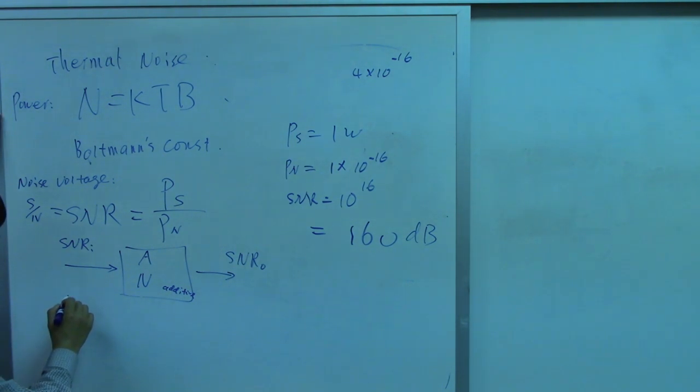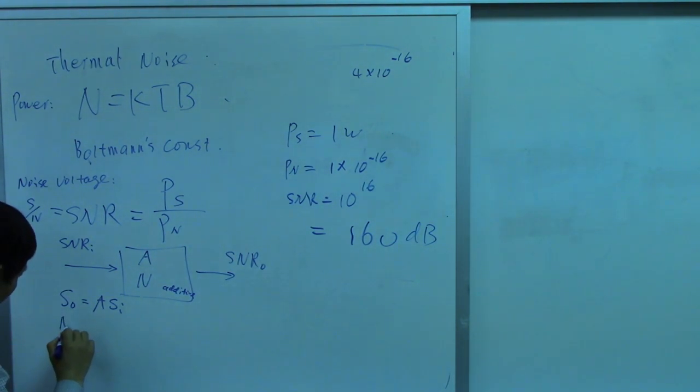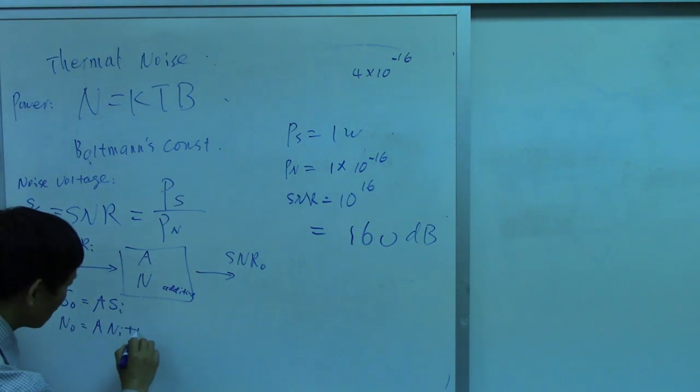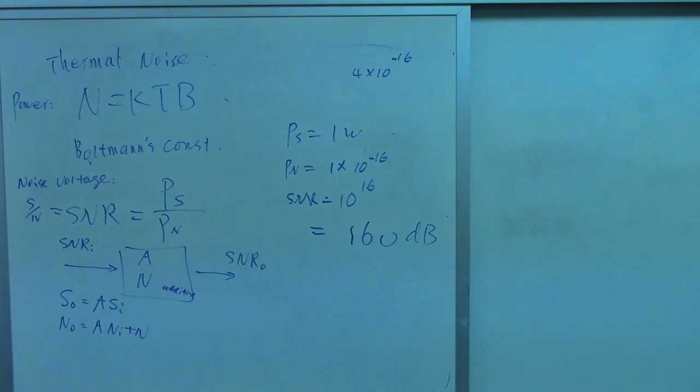The signal power at the output equals the signal at the input multiplied by A, because this is just a linear amplifier. And the noise at the output equals the gain times the input noise, plus this additive thermal noise.